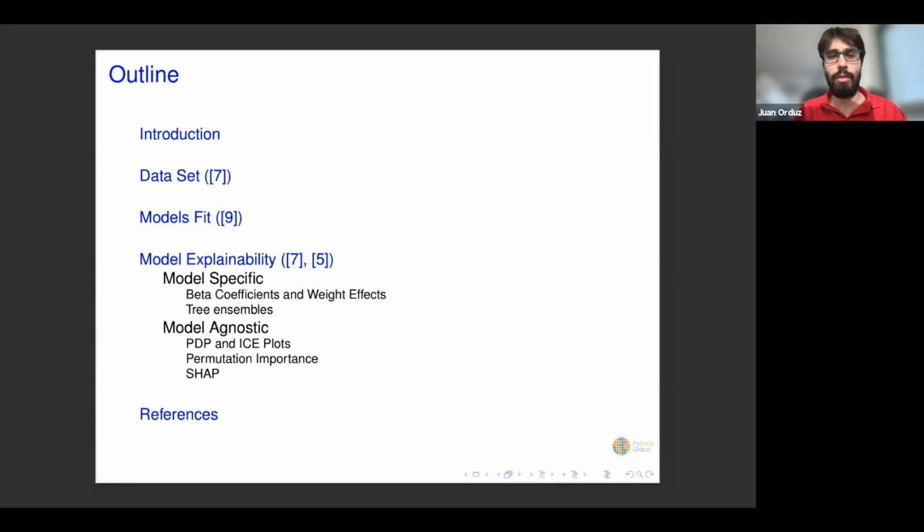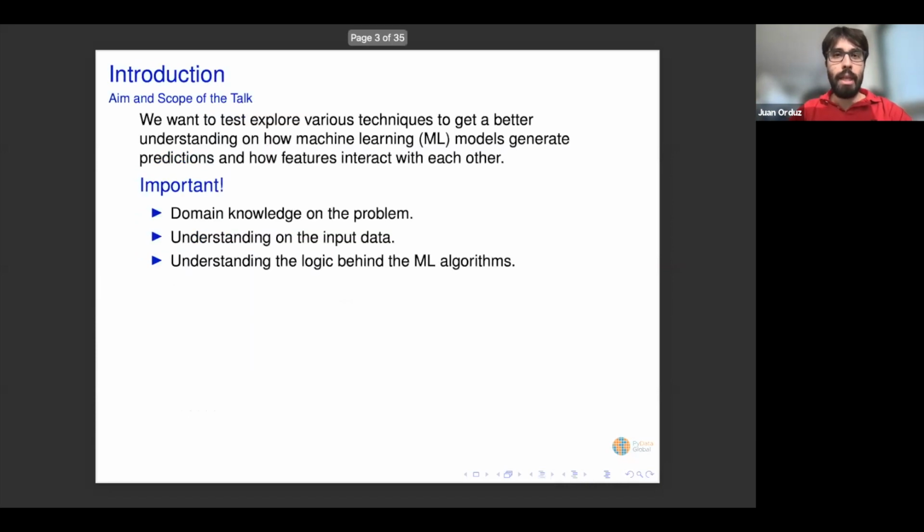The aim of this talk is not to really focus on the model fitting, but to see later in the process how one can look into them, into how they create predictions. At the very end, I will leave some references, which I will then share on Slack and also on social media if you're interested.